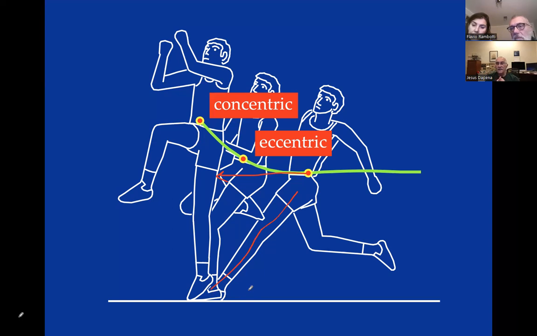And in fast eccentric conditions, you can make bigger forces than in slower eccentric conditions. So we say that it's good to have a fast run-up to increase the force. But there's a limit to this. If you go too fast, that is also not good.